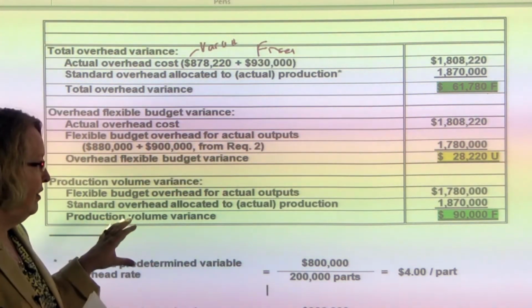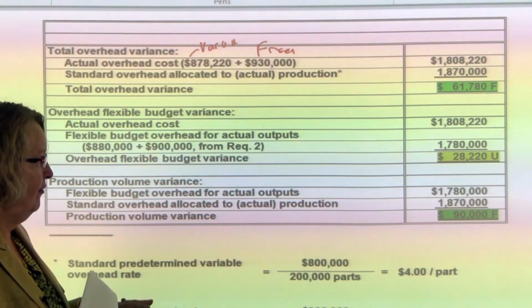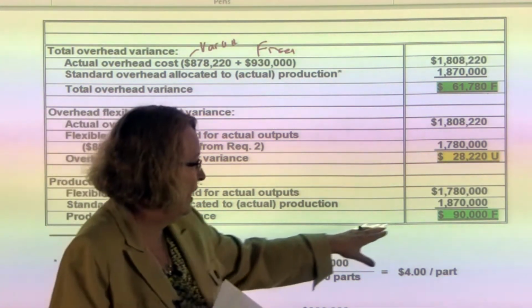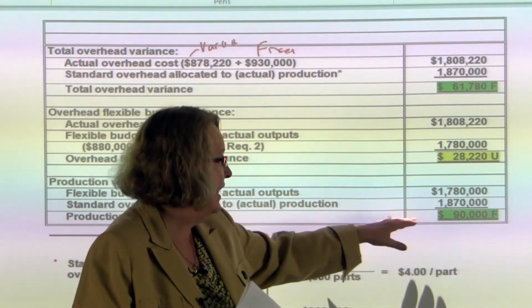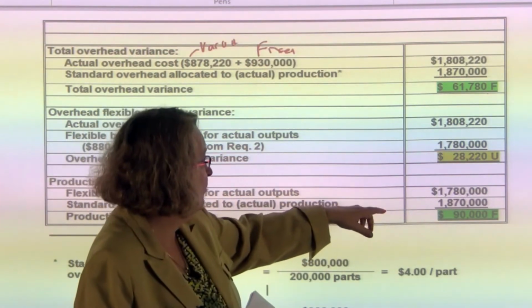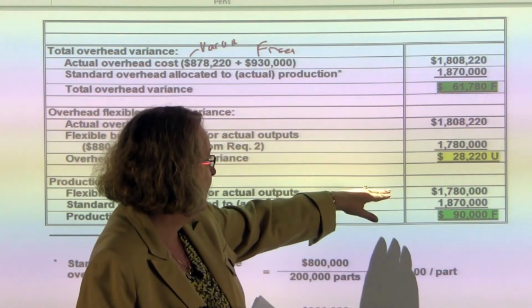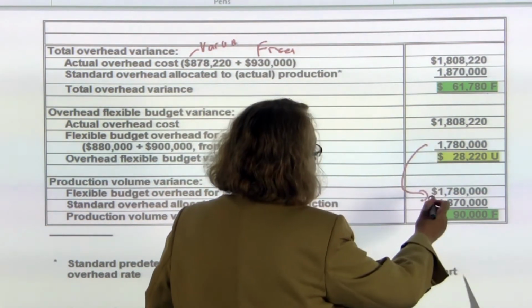Now, the volume variance, that accounts for a favorable outcome here. You had a variance here of $90,000, which is favorable. And again, you're just using the information of your flexible budget overhead. And so this information is from here.